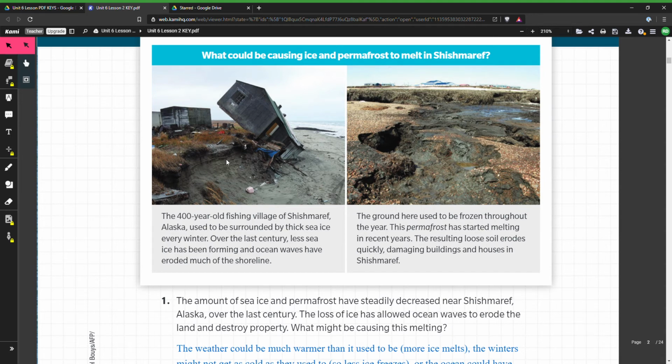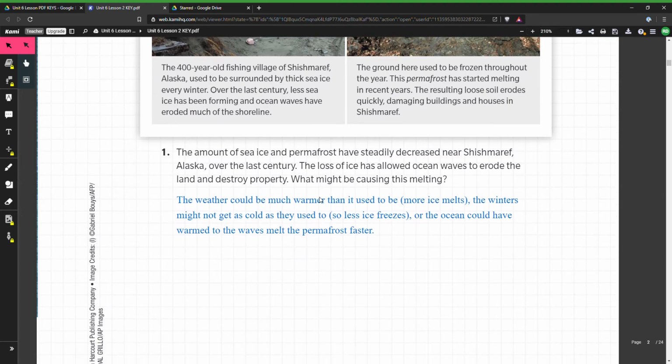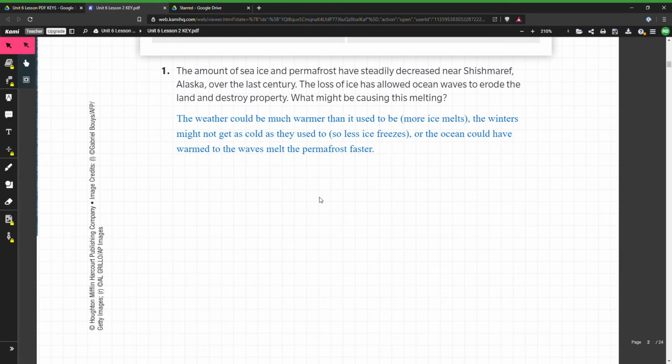Or it could be that during the winter it doesn't get as cold, so anything that melts doesn't refreeze. And it could also be that the ocean is warmer, so as the waves and the permafrost meet, the waves melt the permafrost faster. Or it could be all of them.